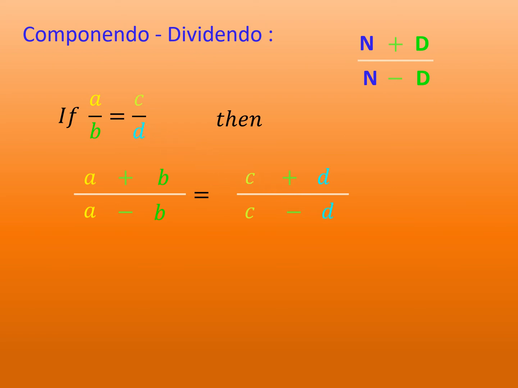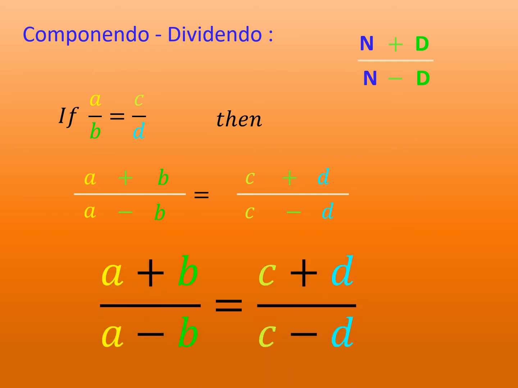Clear? So a plus b upon a minus b equals c plus d upon c minus d. Clear?